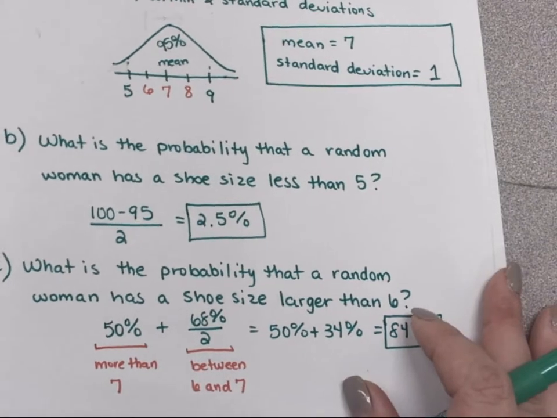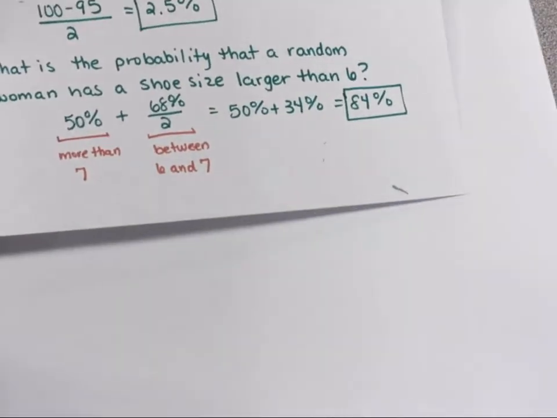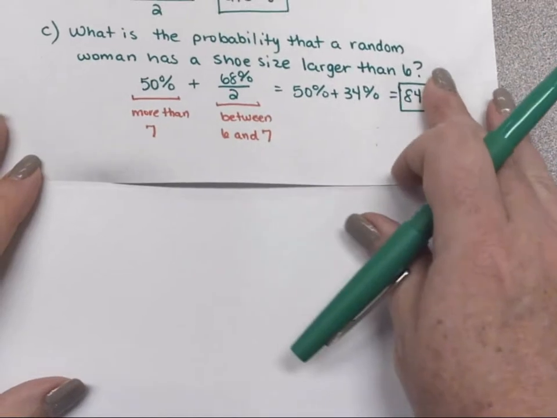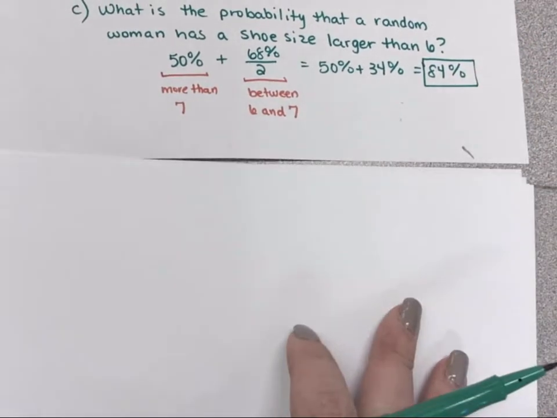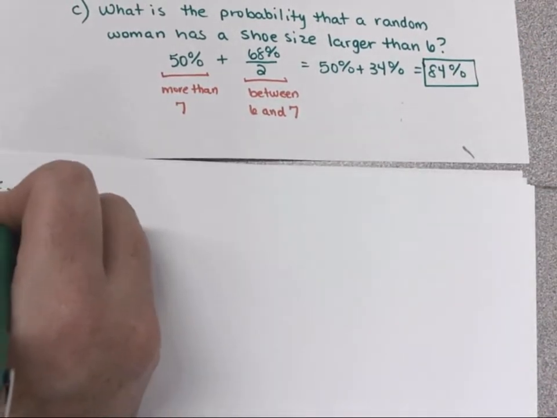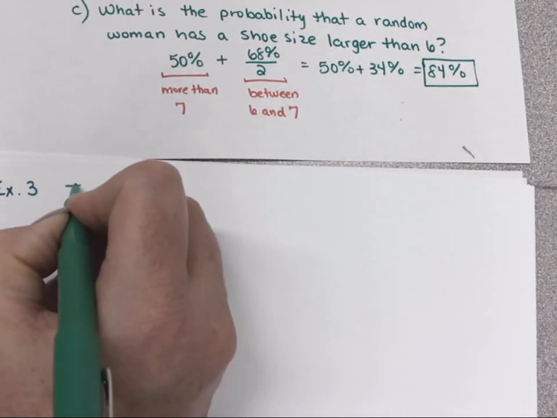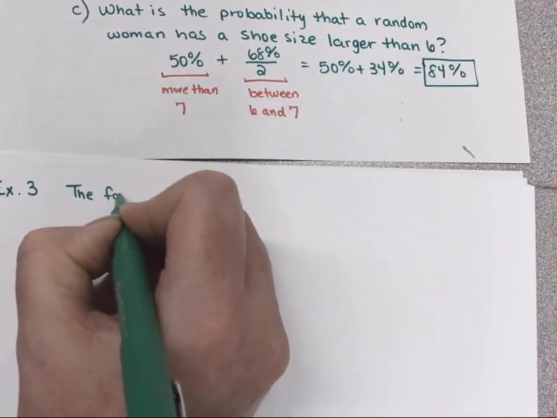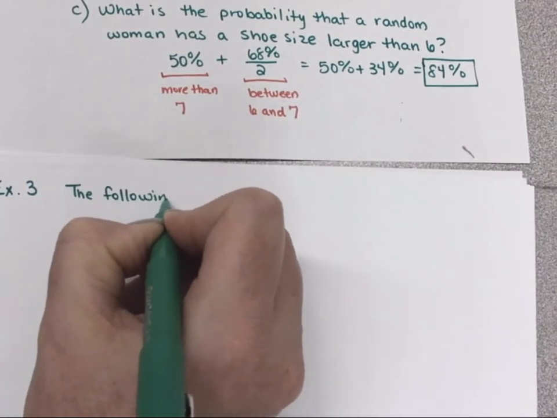So let's do one more where we kind of have to use a normal distribution. But I am going to give you some of the info because otherwise it's really tedious.